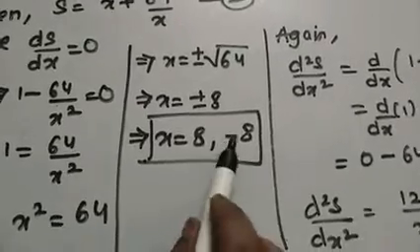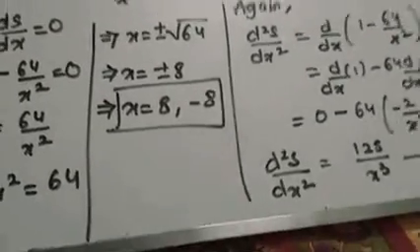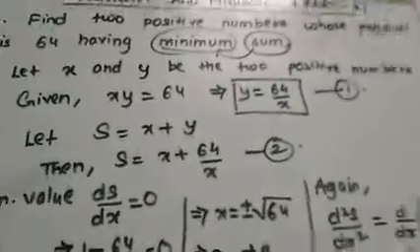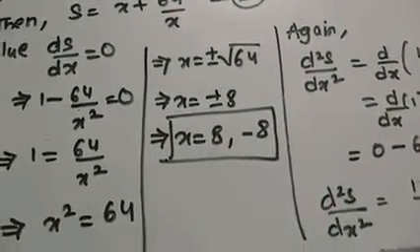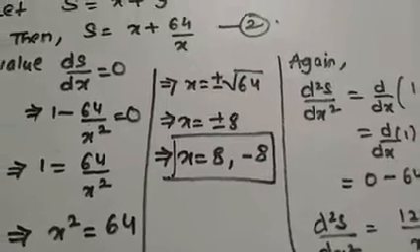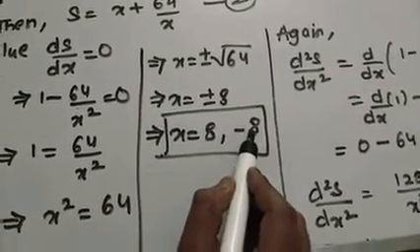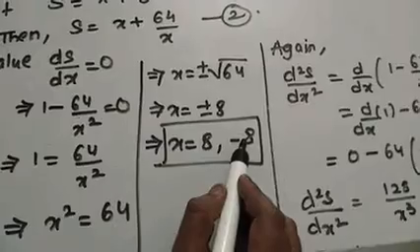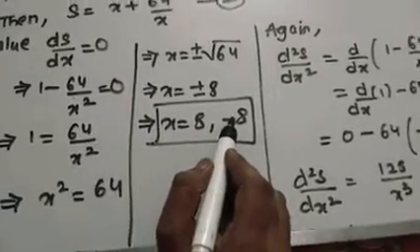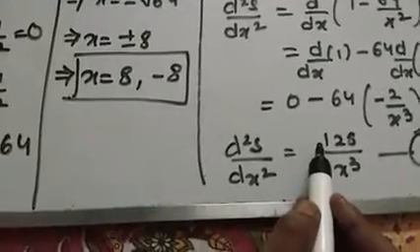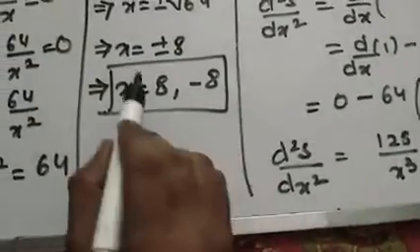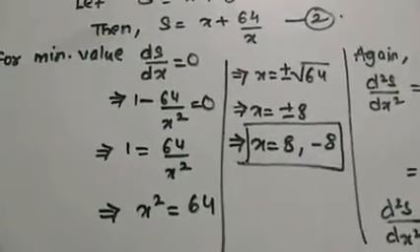We will ignore minus 8 because minus 8 will give maximum, but we required minimum. Because if we put minus 8 here, it will be negative, and negative means maximum. So we'll put x equals 8.